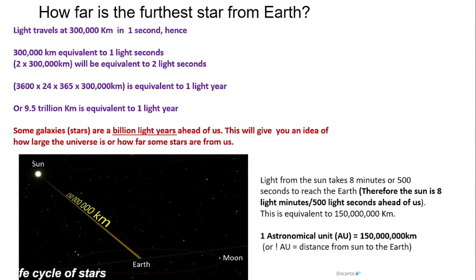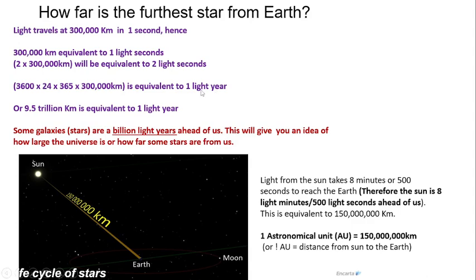This implies that 300,000 kilometers is equivalent to 1 light second. When I multiply it by 2, 2 times 300,000 kilometers, which is 600,000 kilometers, I will have the equivalent of 2 light seconds.